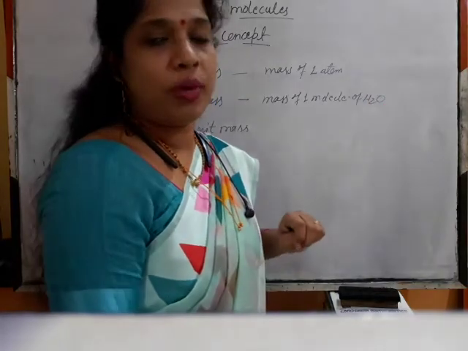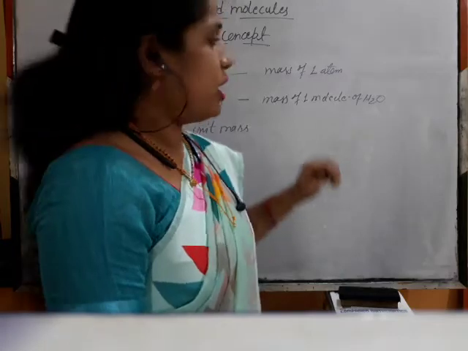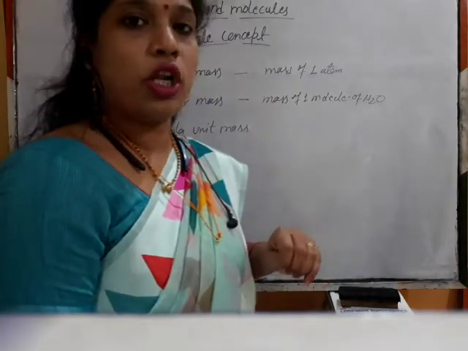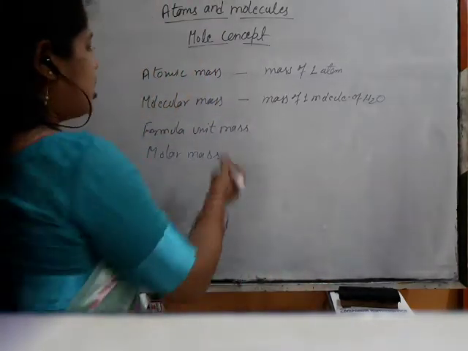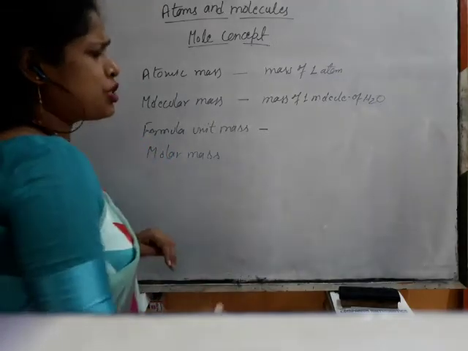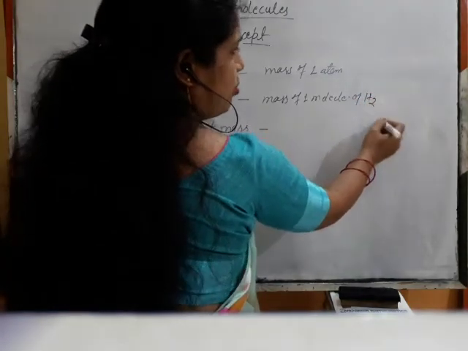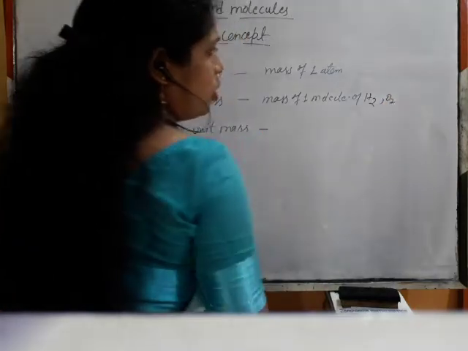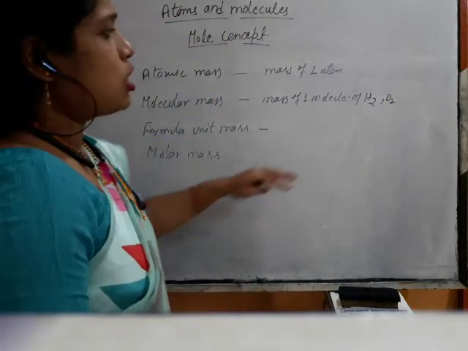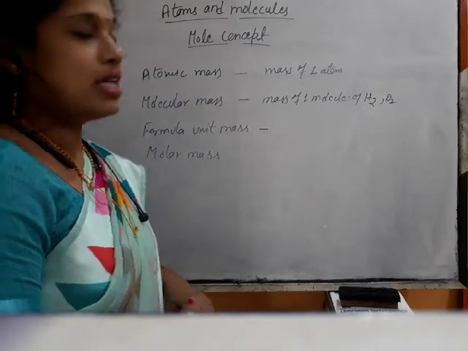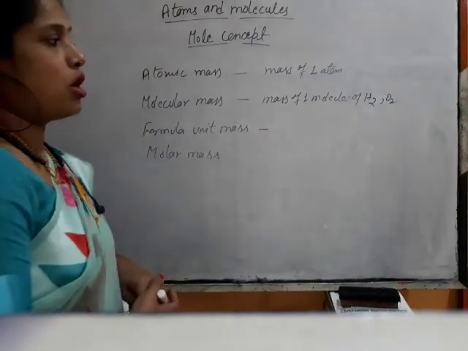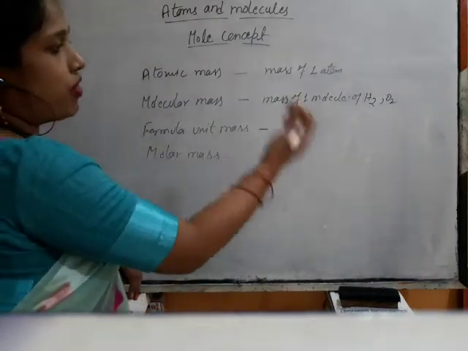So it is the mass of one molecule of anything. Here it's not only water, since H2 is also a molecule, O2 is also a molecule of oxygen. So the molecular mass is the mass of one molecule.